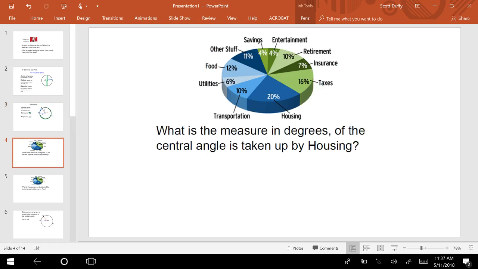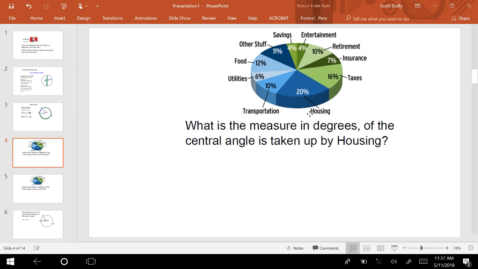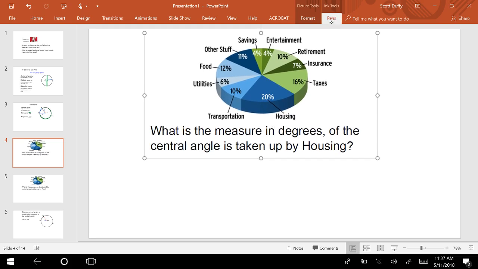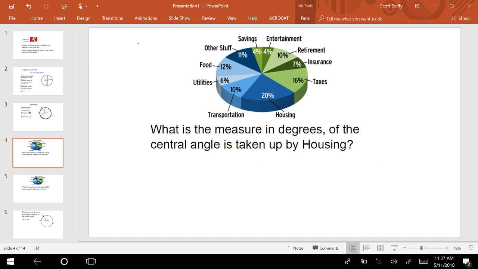If I want to figure out what the measure is in degrees of the central angle taken up by housing, this is what I do. I say, okay, housing would be 20%. Housing is 20% out of 100% the whole way, right? So I say 20 out of 100 is the same as how many degrees, x degrees, out of how many total degrees all the way around? 360.